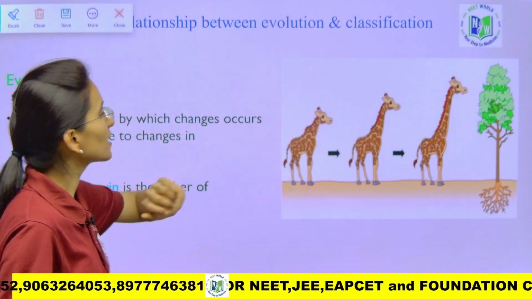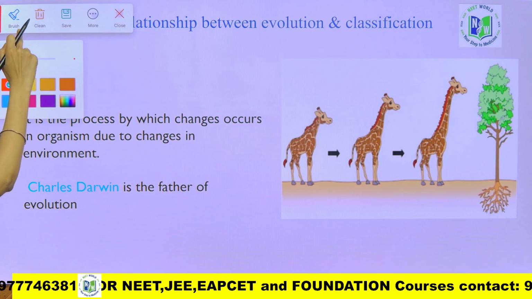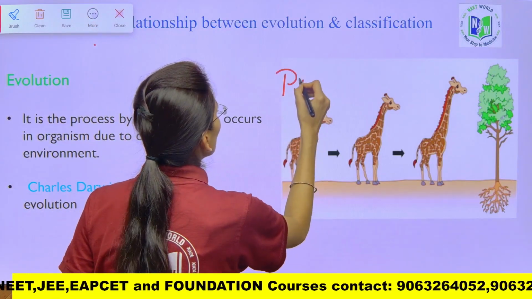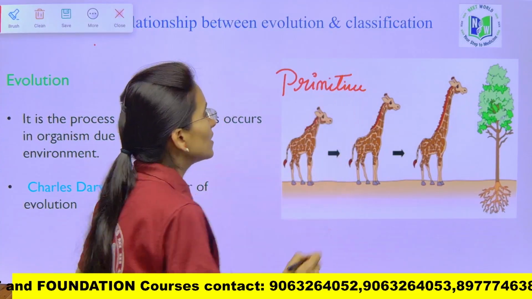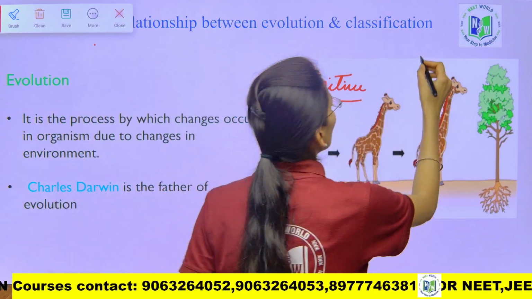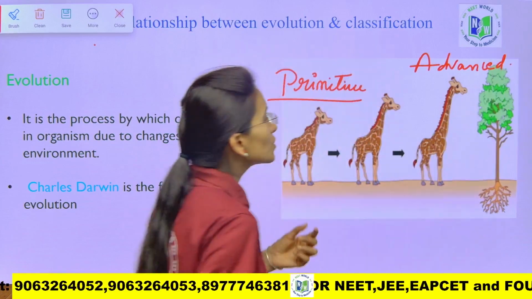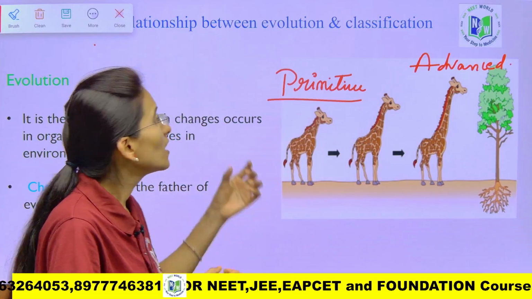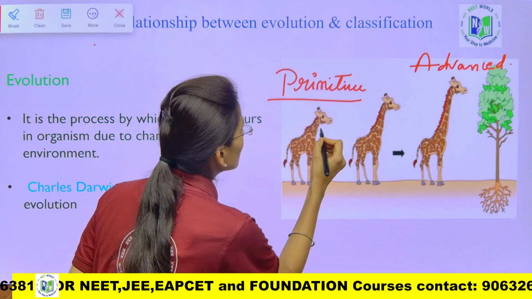See, here is an example of giraffe. Yes students. So when you look into this, it is a primitive type. See, it is a primitive animal, that is giraffe, and this is the advanced one. So during the ancient times, in the previous days, the primitive giraffe had a short neck.